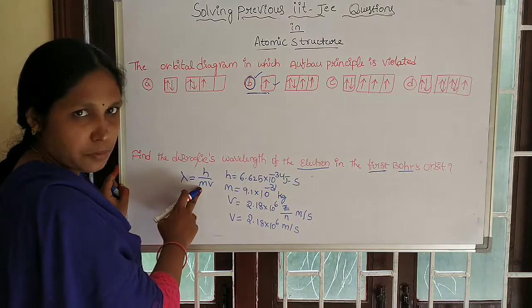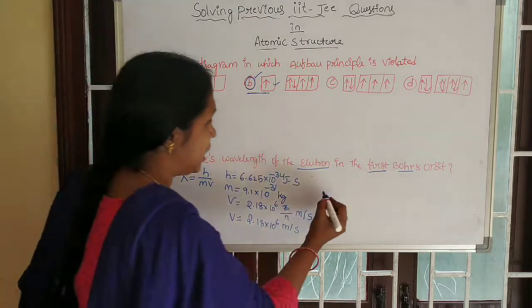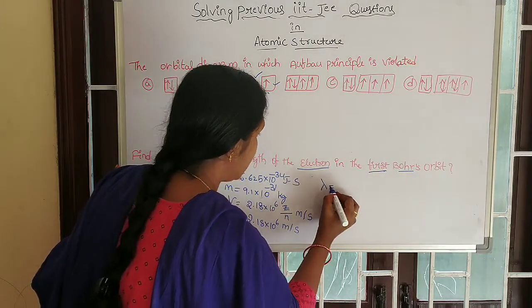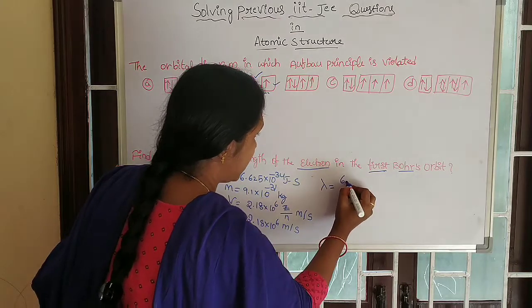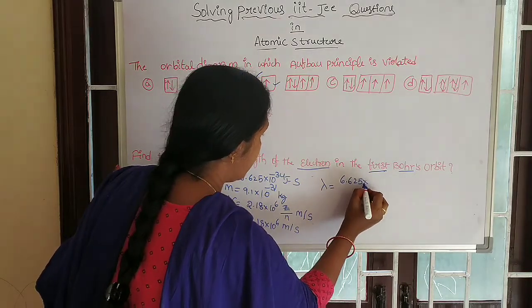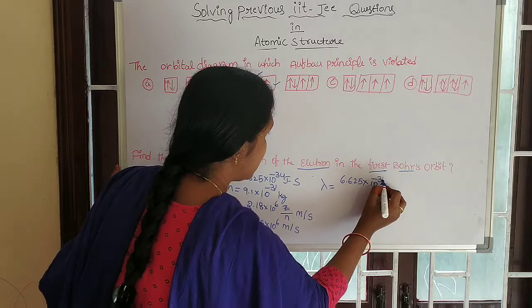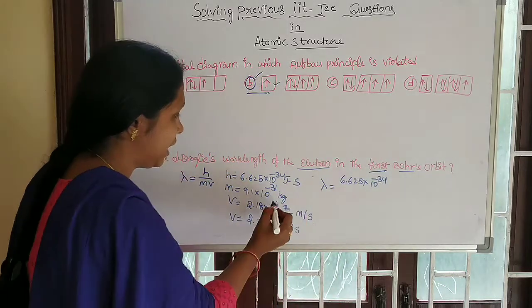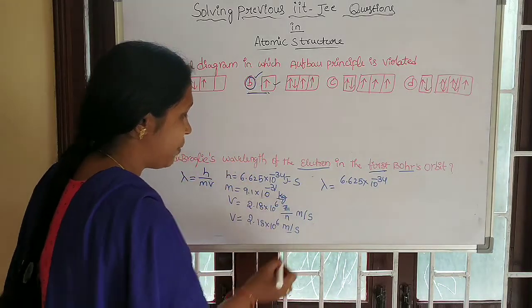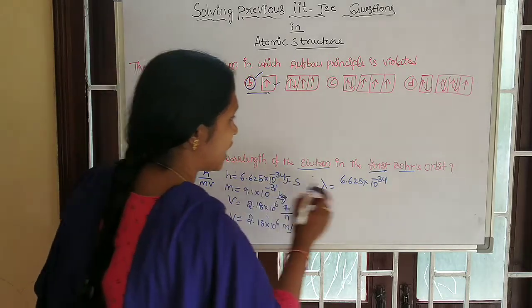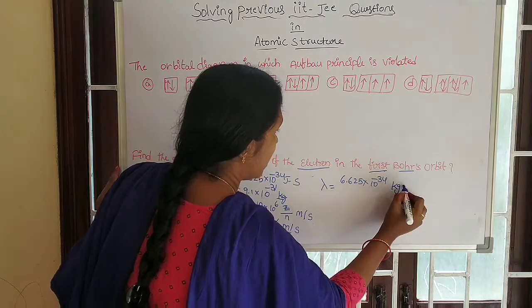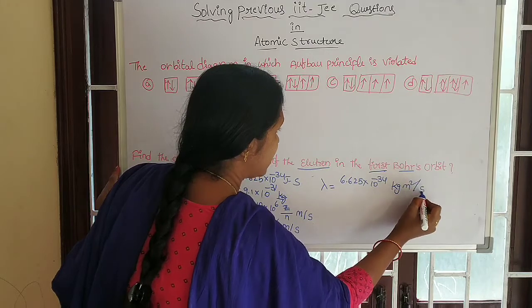You know the h value, m value and v value. Substitute the values in the formula and calculate lambda. So lambda is equal to 6.625 into 10 power minus 34 joule second. Here we have units kg and meter per second, so convert joule second into kg meter square per second.